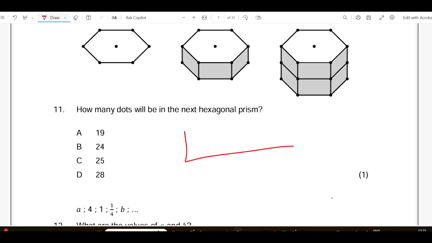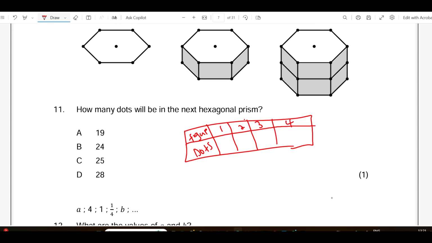I'll write a table like this: the figure and dots. 1, 2, 3, and the next one is 4.